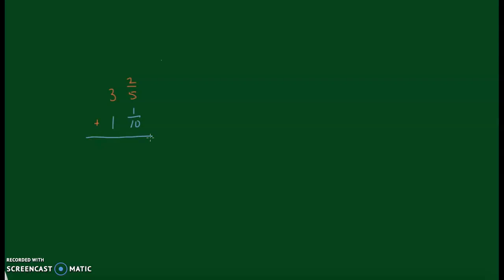Reminder, there are a variety of ways that we can find a common denominator. The one that I have been going to most of the time is with our multiples. So some of you probably already know what it is, but I'm still going to write them out up here just to get in the habit of writing it out.